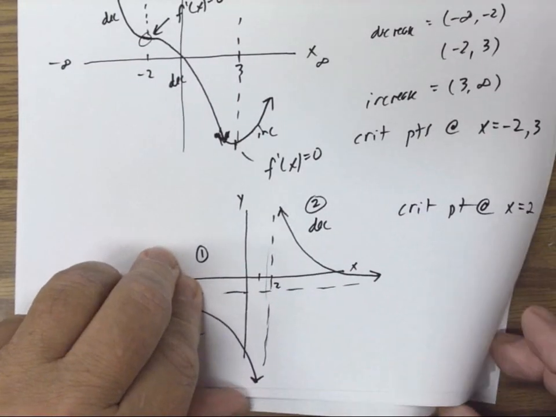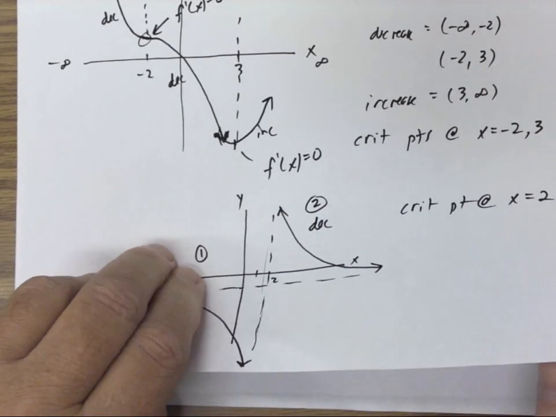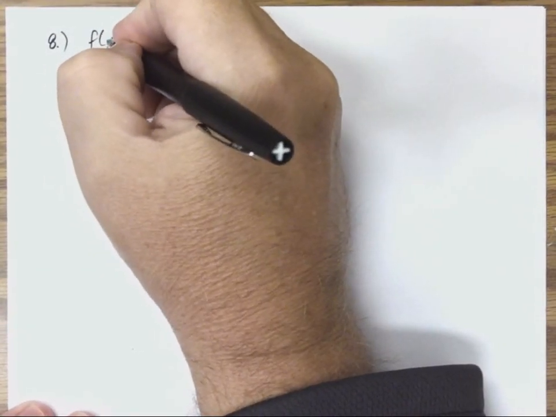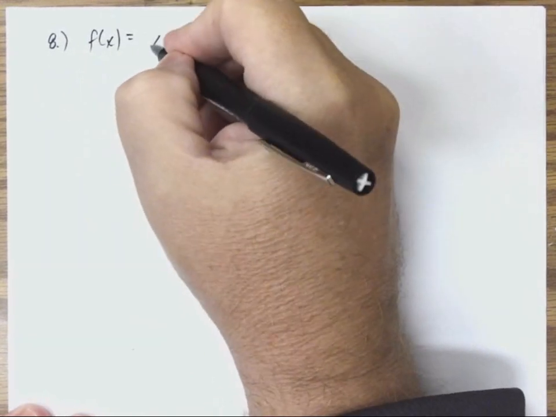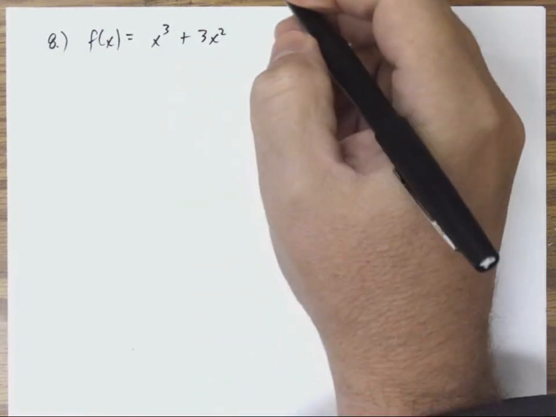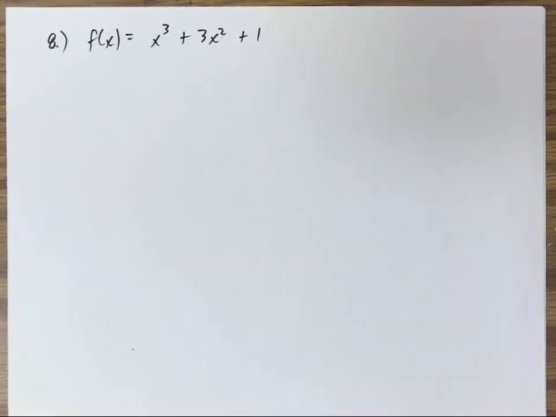All right, with that visual, now let's take the next step and not look at graphs, but actually look at an equation. They're going to give us an equation or a function, and they want to know the regions or the intervals of increase and decrease. So number 8 says f of x equals x cubed plus 3x squared plus 1.